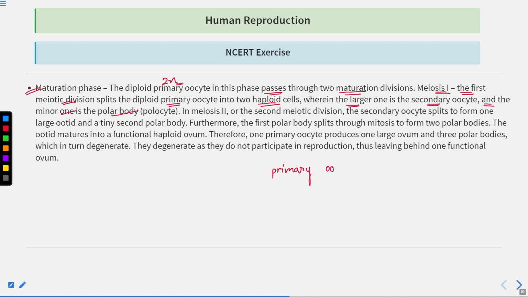The oogonium enlarges and forms the primary oocyte. Now the primary oocyte will undergo meiosis 1 and form a large cell known as the secondary oocyte, and a smaller cell known as the first polar body.